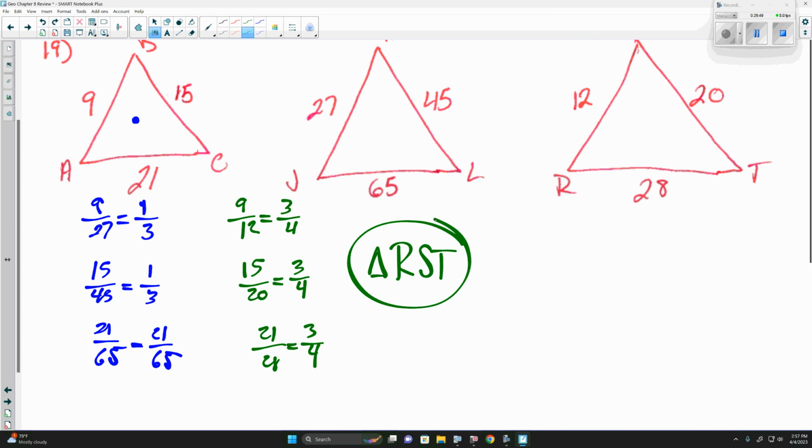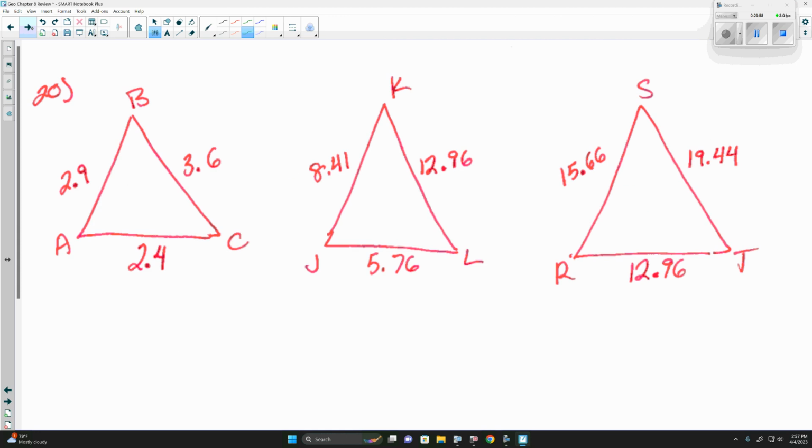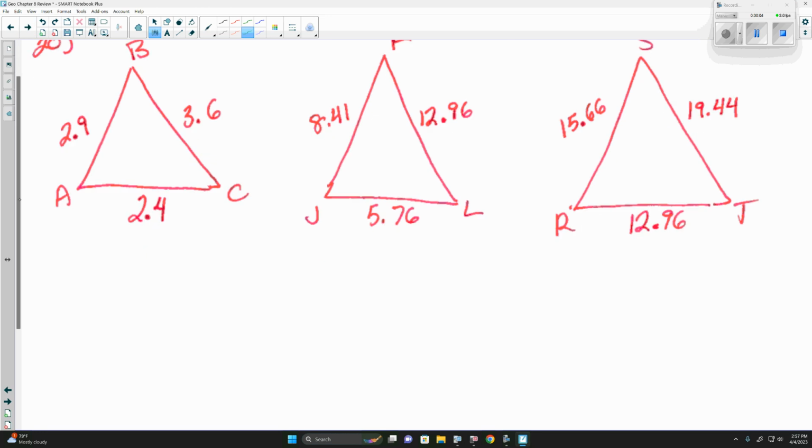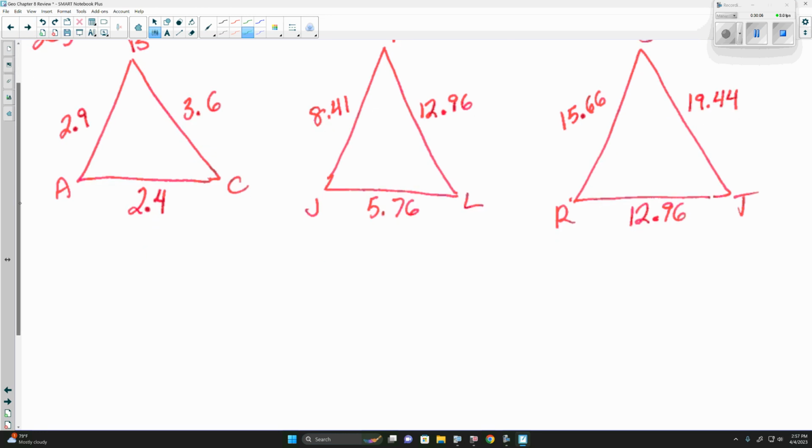Questions on 19 or 20? 20 is the exact same thing.